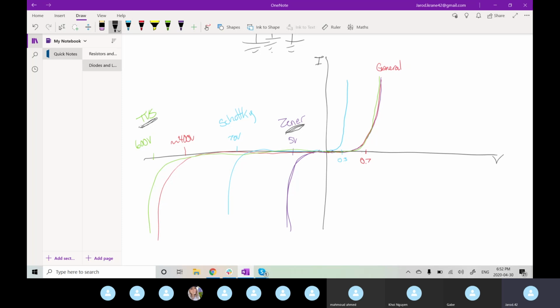So when they are rated for a Zener voltage or breakdown voltage of 5 volts, you know that it will more or less accurately break down at that range, whereas the breakdown on the Schottky and the general are a little more unpredictable.